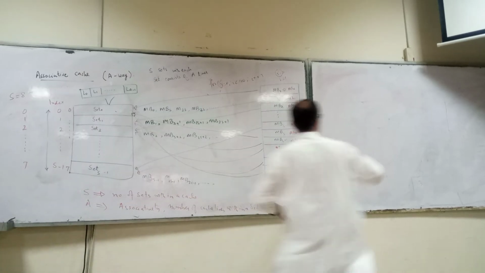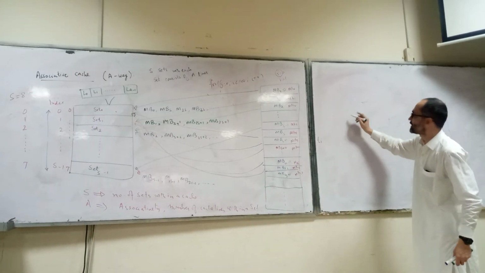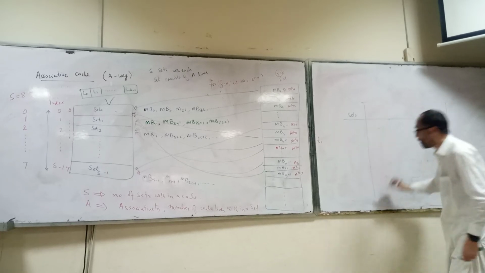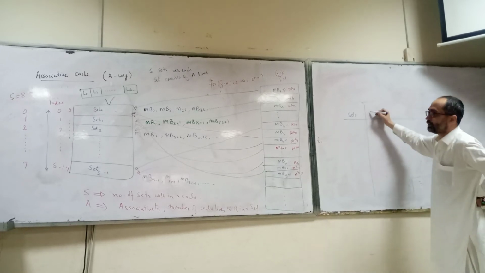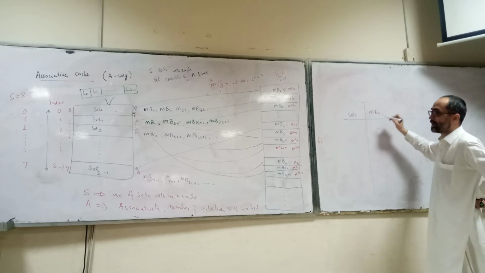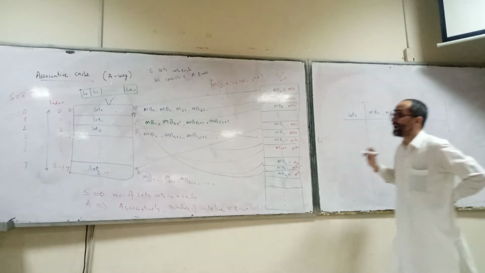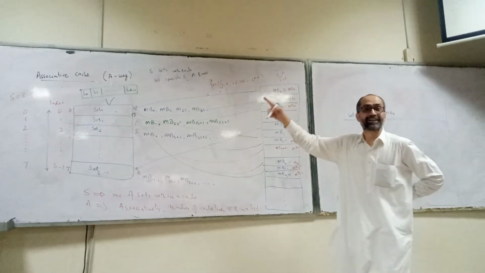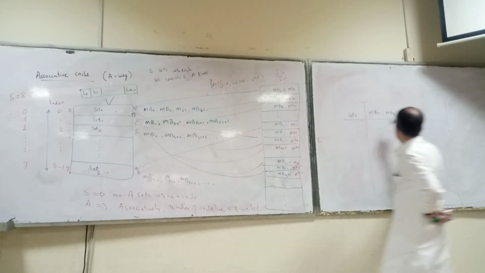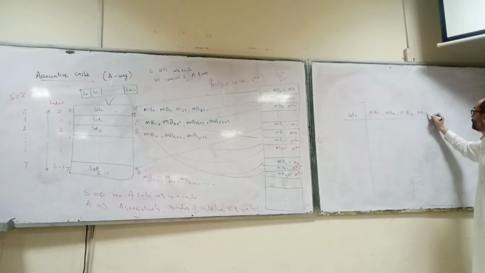So now if we have MB0, main memory block 0, set 0, the blocks that are mapped to set 0 are MB0, then MB8, since S is 8, then MB16, MB24.